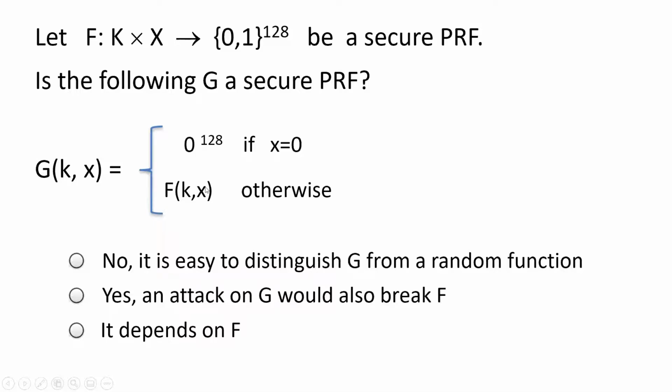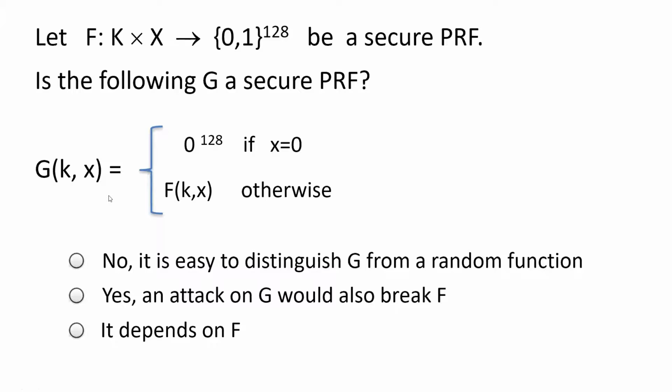In other words, you take a PRF and you modify the way it outputs on a single x by hardwiring the output to be this value independent of the key. No matter what key, it will just output this on x equals 0. And my question is: is it easy to distinguish this from a random function?